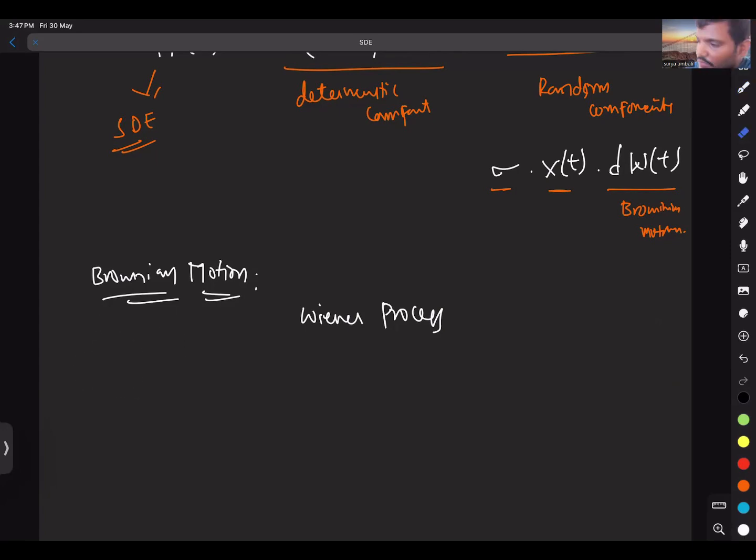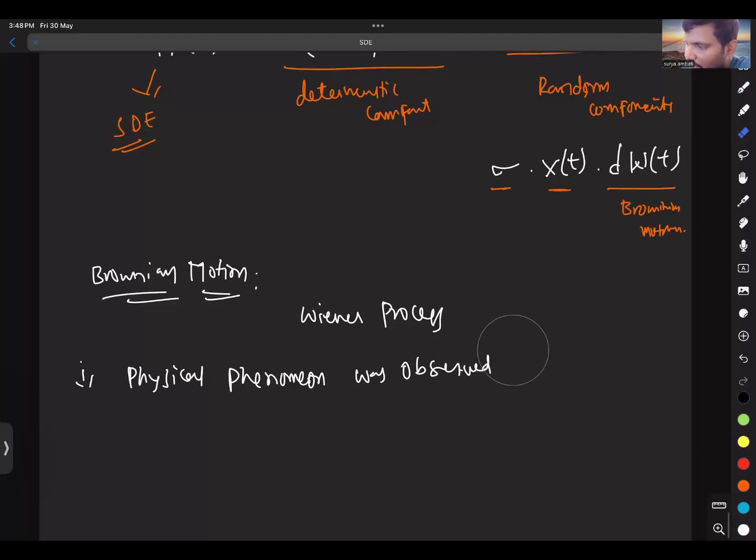Let me write those two points as well. Physical phenomenon was observed by Robert Brown in 1827.